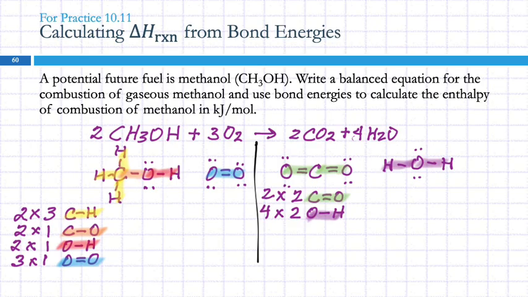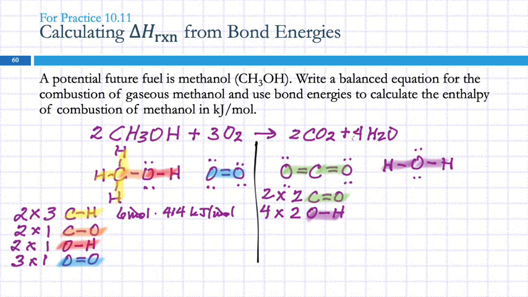Okay, so now what we need to do is write down the bond energies. The carbon-hydrogen bond was 414. What we've really got going on here is 2 times 3, a total of 6 moles, and 414 kilojoules per mole. So when we multiply those, the moles are going to cancel out.